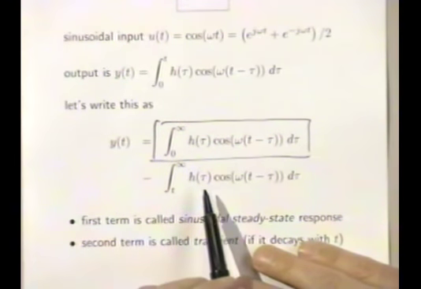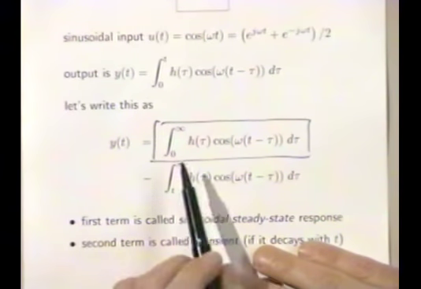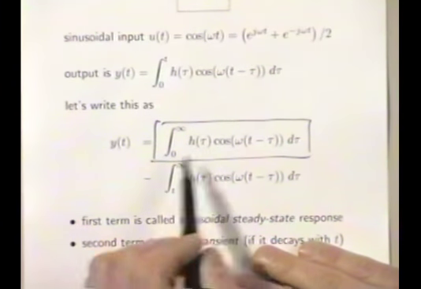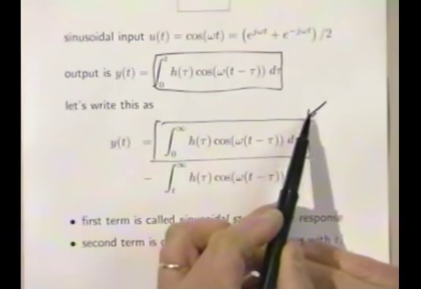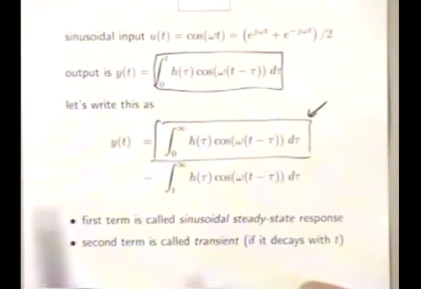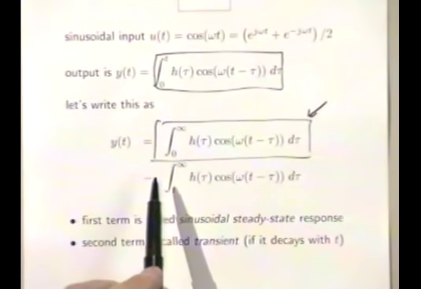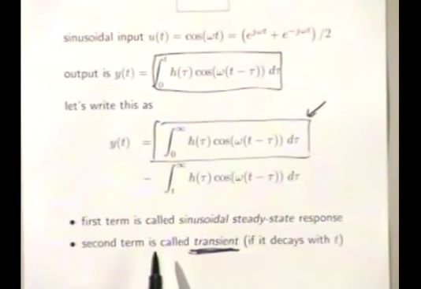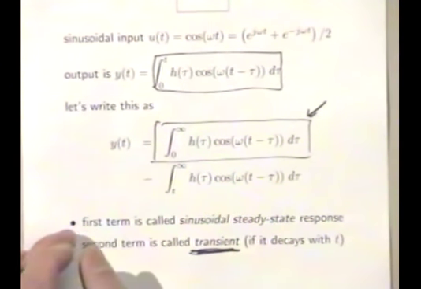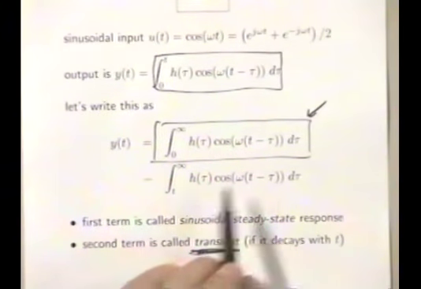This term here, which gets smaller and smaller as t grows, is the difference between the actual output and what the output would be had the input started infinitely long ago. This is the difference, and this is called the transient solution. That term, transient, is based on the fact that usually we consider stable systems, and so this actually decays with time.